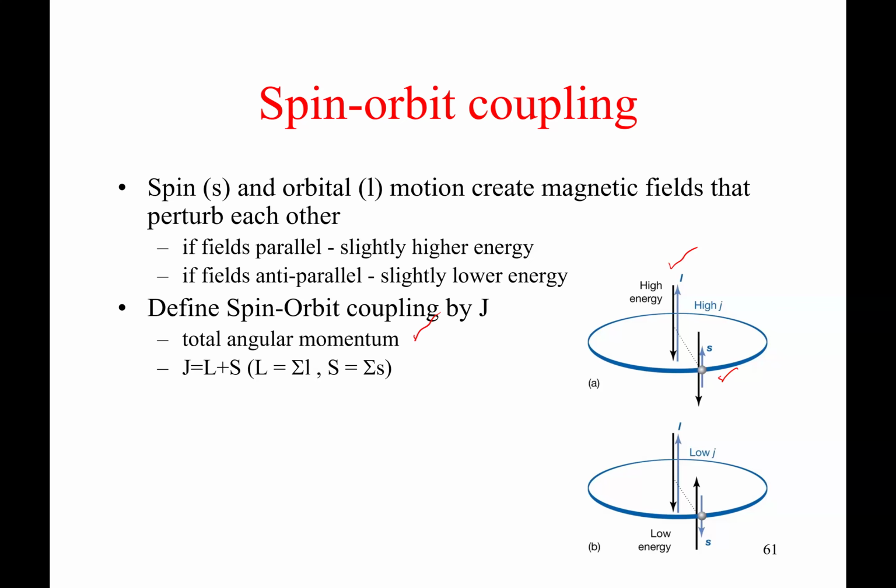And this bigger L is the sum of the small l's, where you have the electrons in various orbitals. And the big S is the sum of the spins of each of the electrons. And so you only allow for positive values only.